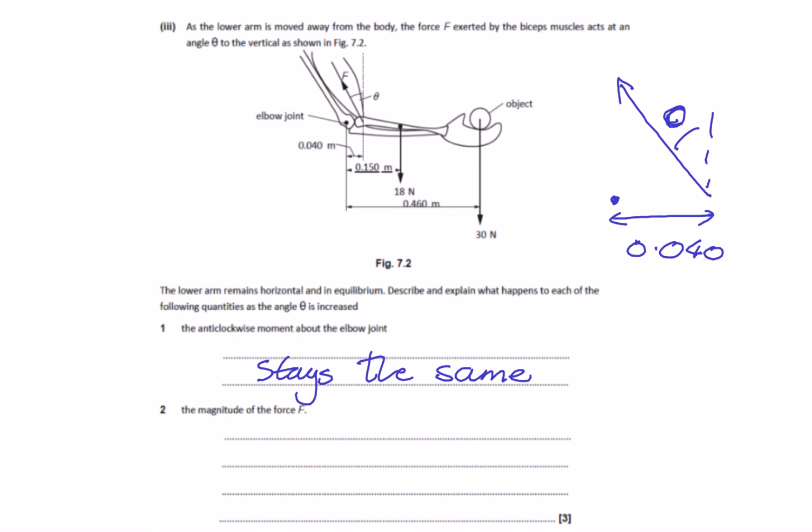When the elbow was straight, i.e. force F was pulling in that direction, then it would be force F multiplied by this, but now, because the definition of a moment is the perpendicular distance to the line of action of the force, it is now that distance there, which is a shorter distance than 0.04.